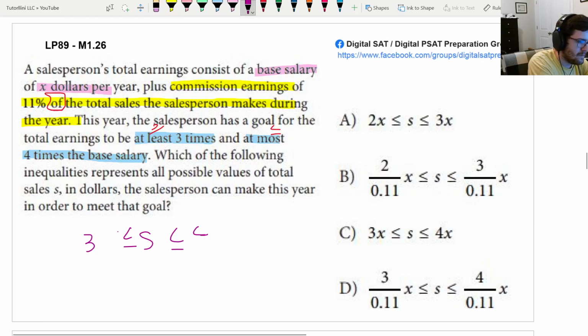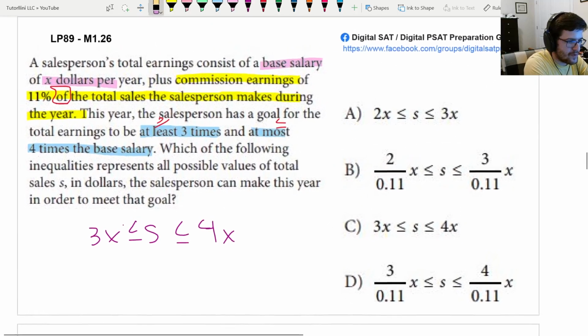So let me do that. And then it says plus commission earnings of 11% of the total sales. Okay, give me 1 second. All right, this one's throwing me through a loop. I think I've made some progress.